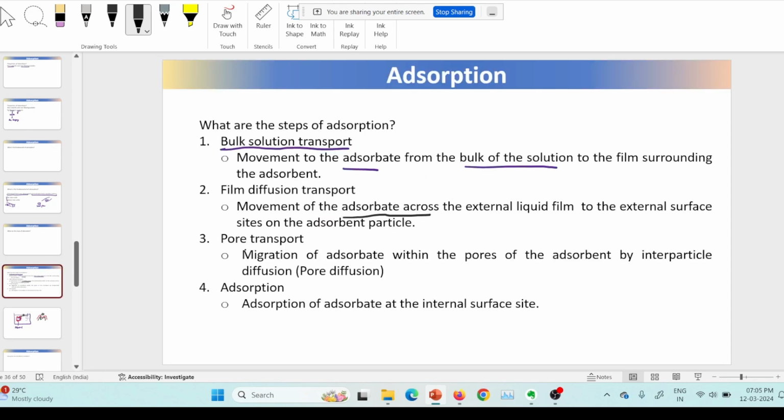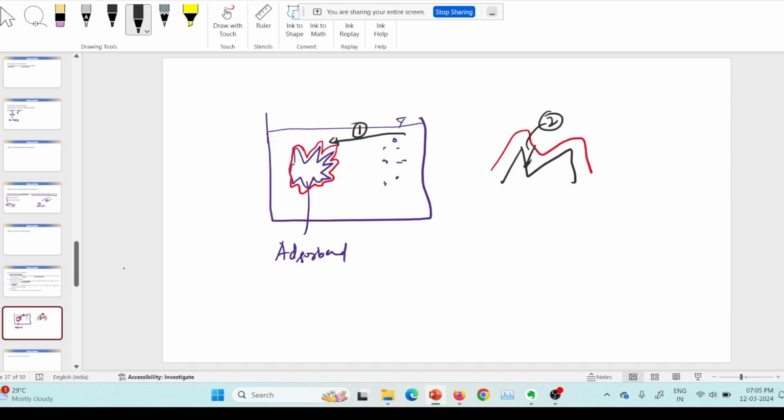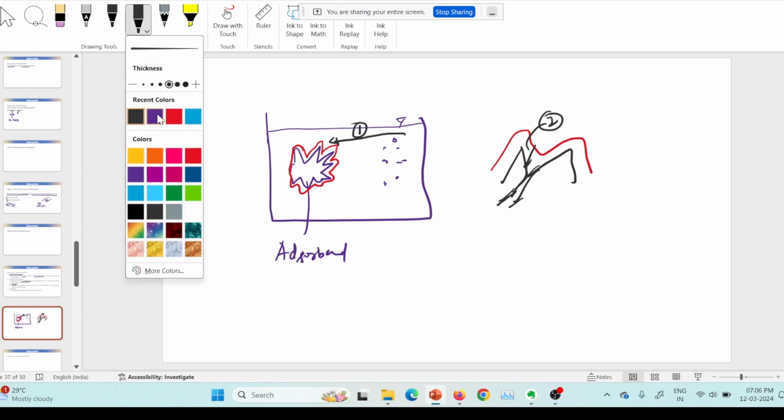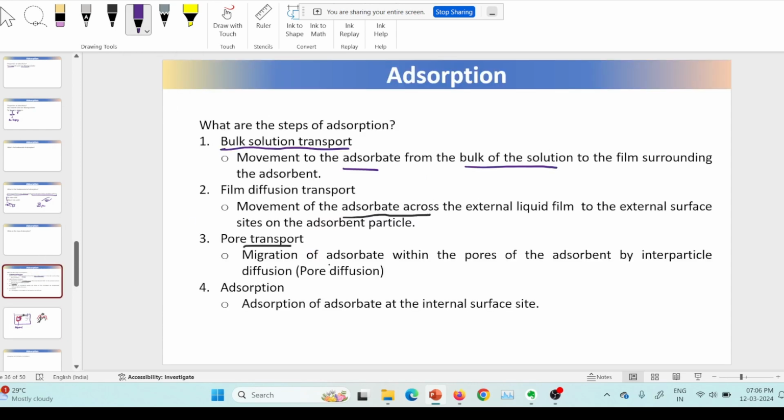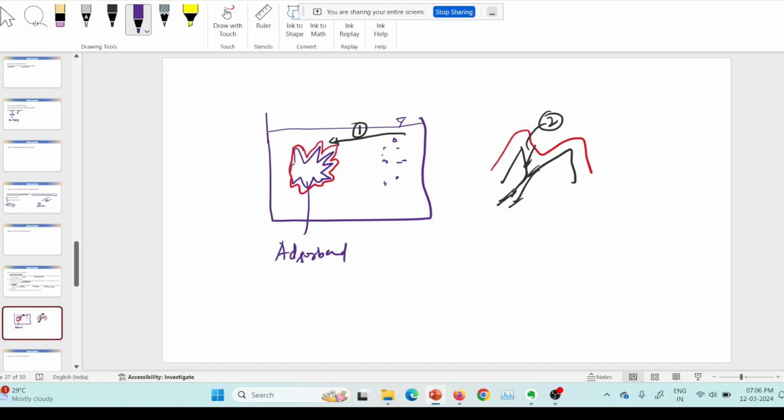And step three, pore transport. Let's say if there is a pore inside, it will go inside. So migration of adsorbate within the pores of the adsorbent by intraparticle diffusion. Suppose it has pores inside, so it will go inside.